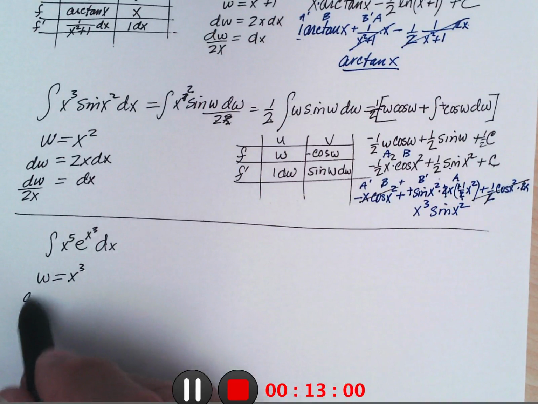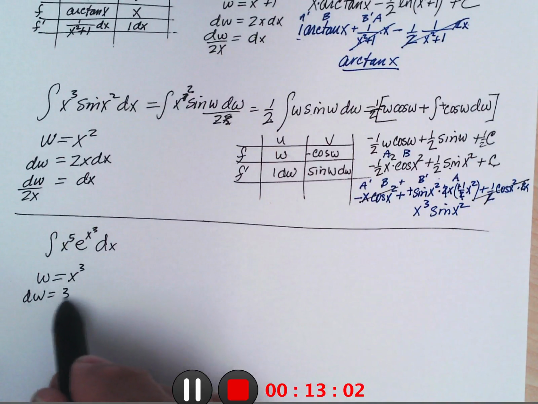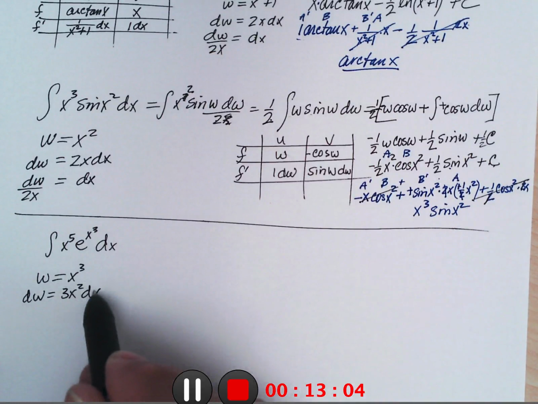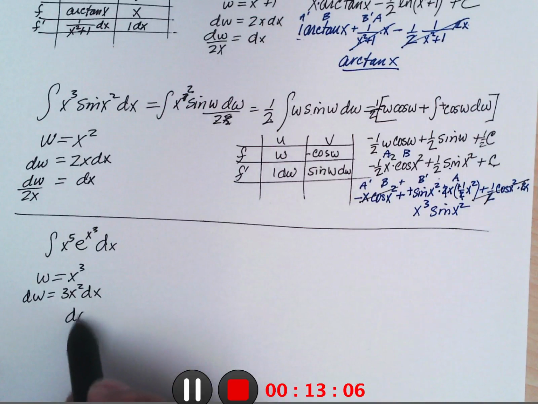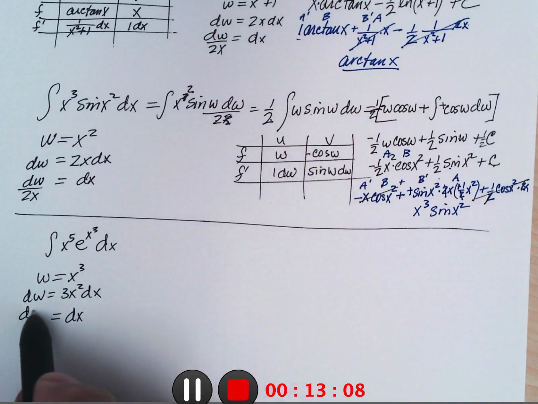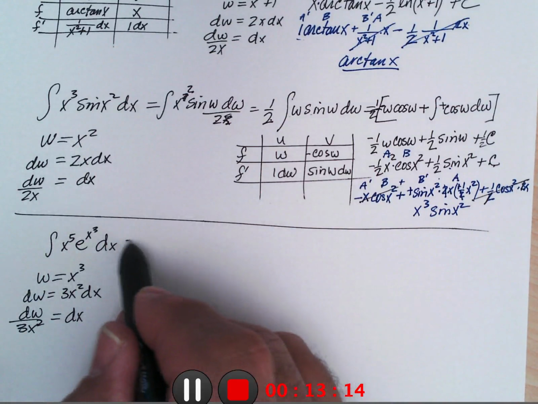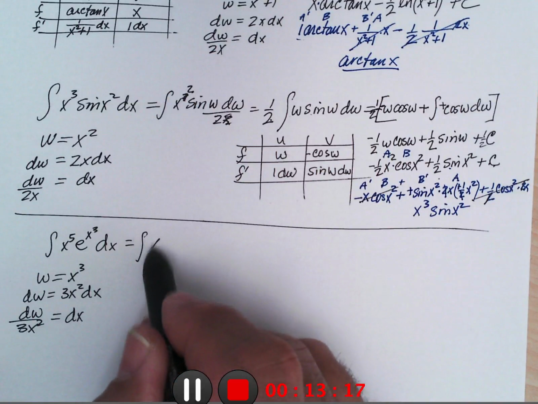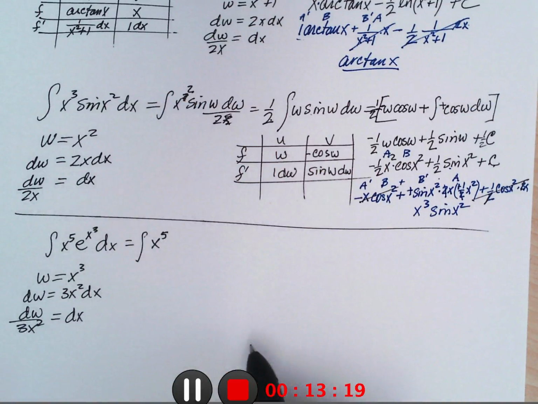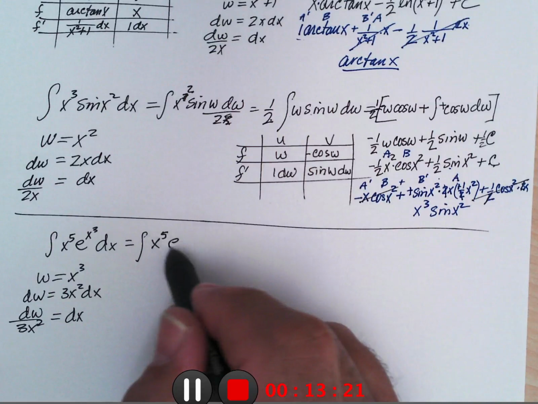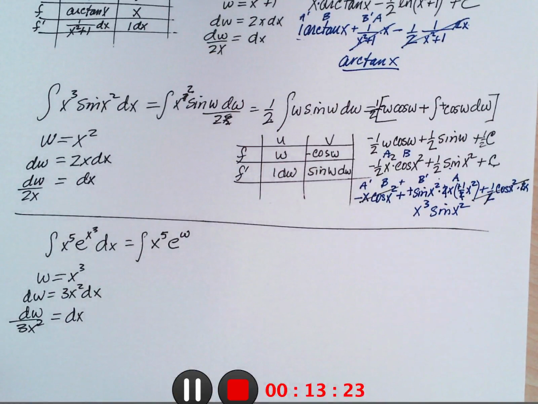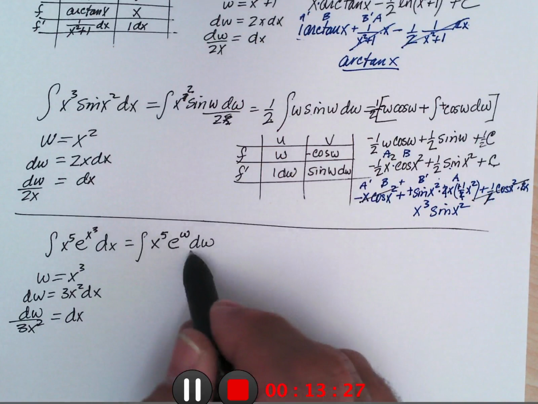dw would be 3x squared dx. dx would equal dw over 3x squared. So this would become the integral x to the fifth e to the w, and dx is dw over 3x squared.